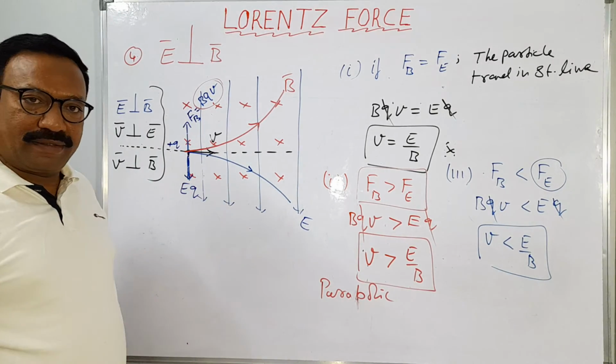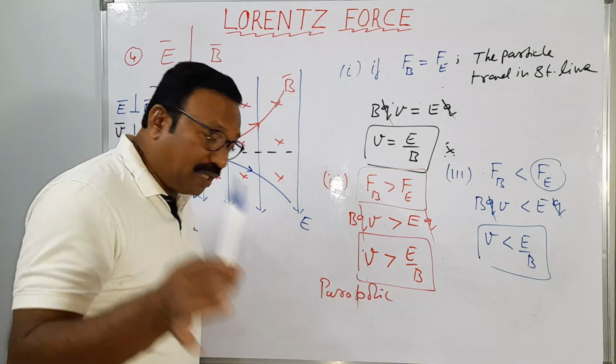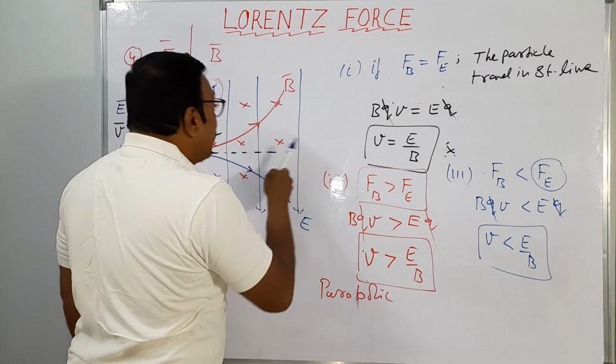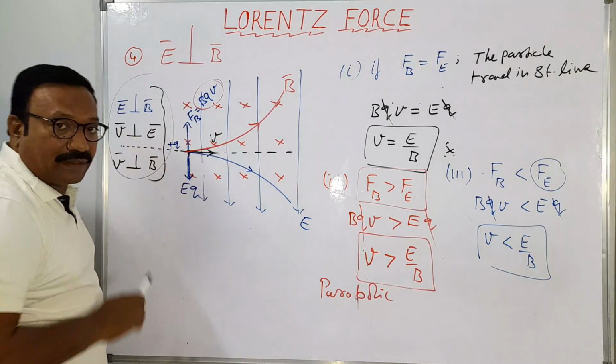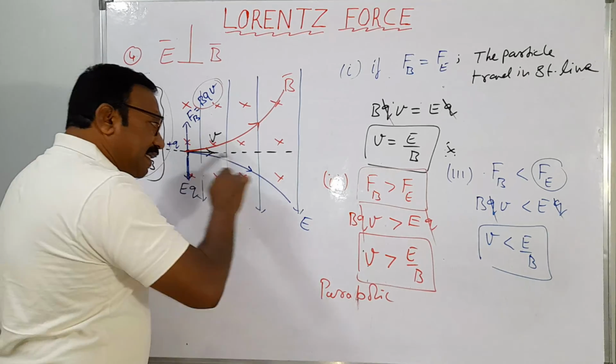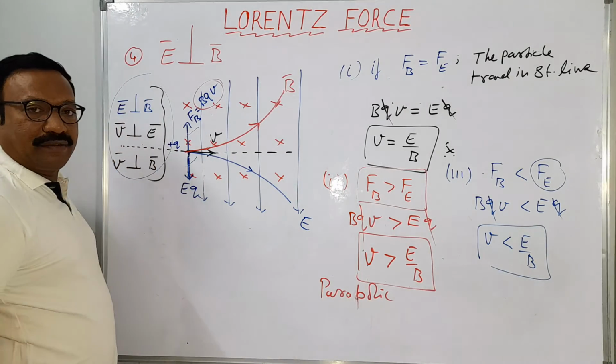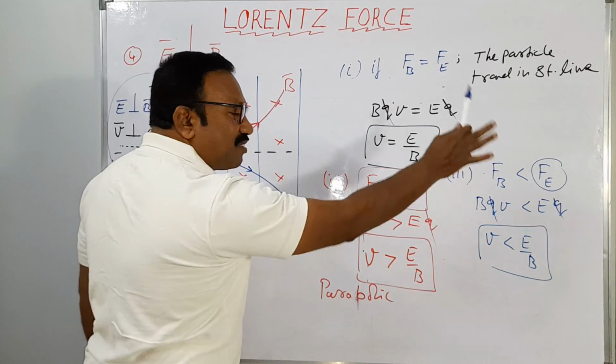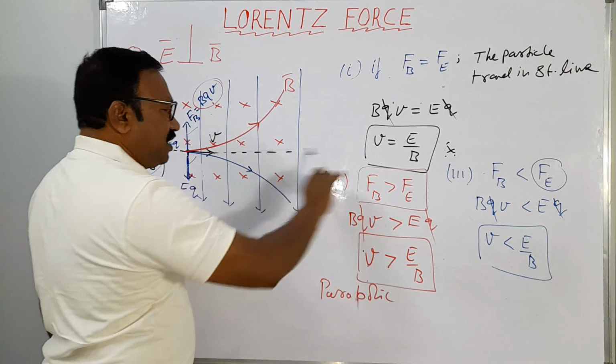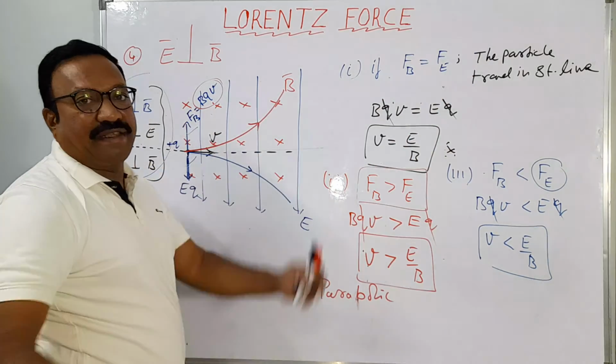So, three answers. If the particle goes in a straight line under this condition, definitely the forces have cancelled. Then it will move with a constant velocity v equal to E by B in a straight line, as if no field is there.